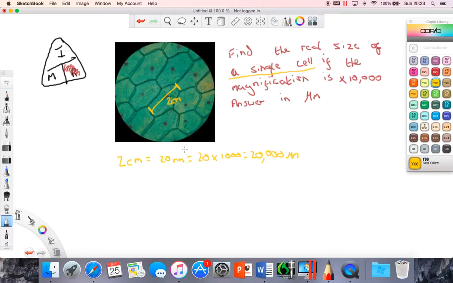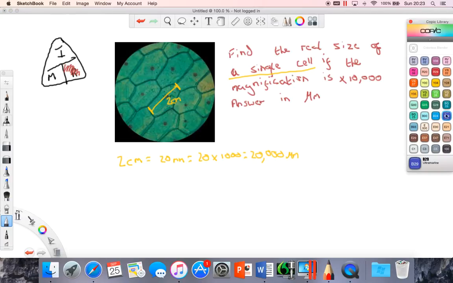Okay? So our image size is 20,000 micrometers, because this is 2 centimeters, 2 centimeters is 20 millimeters, and 20 millimeters is 20,000 micrometers. We would simply put that then into our calculation.